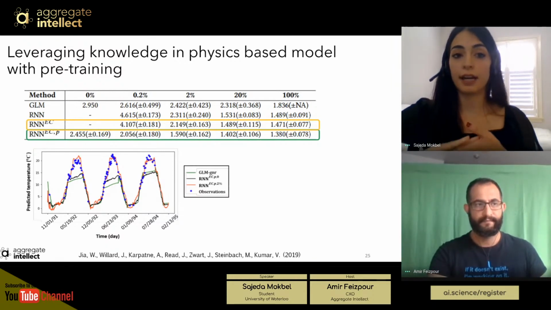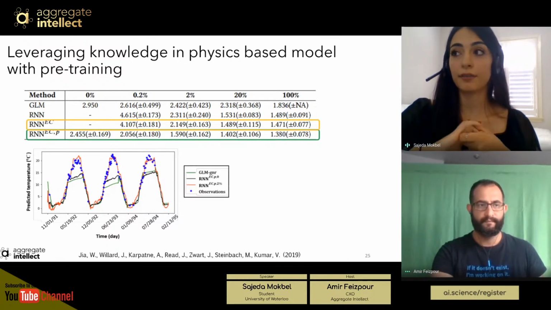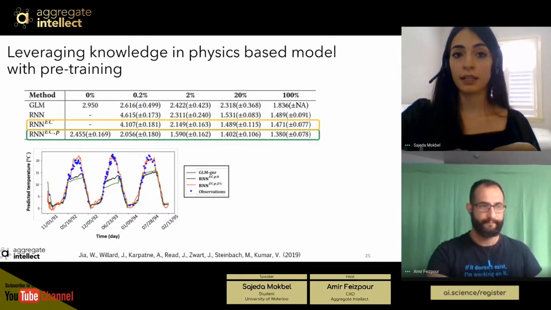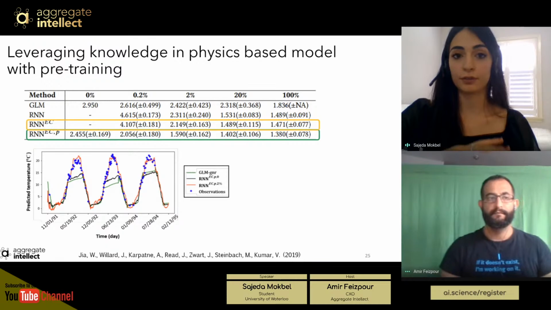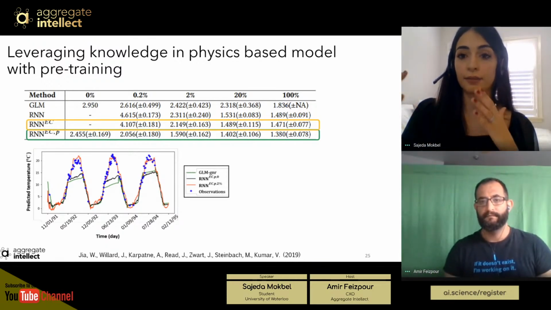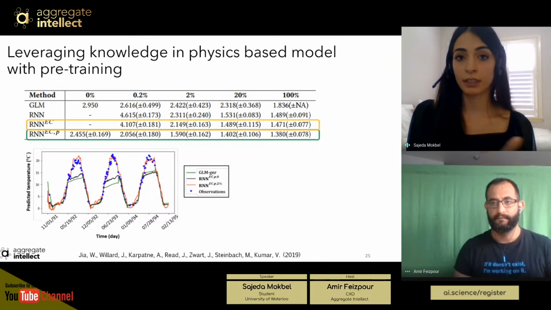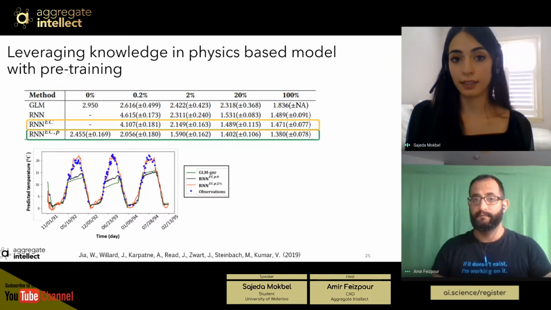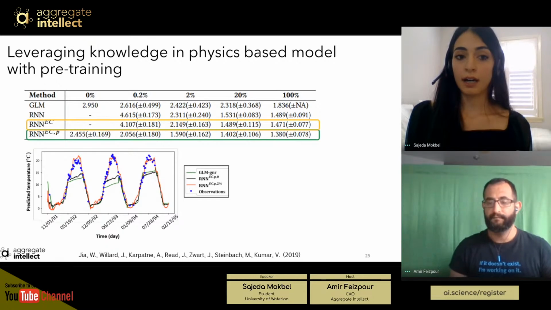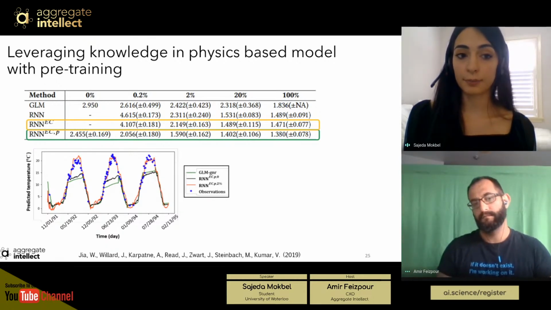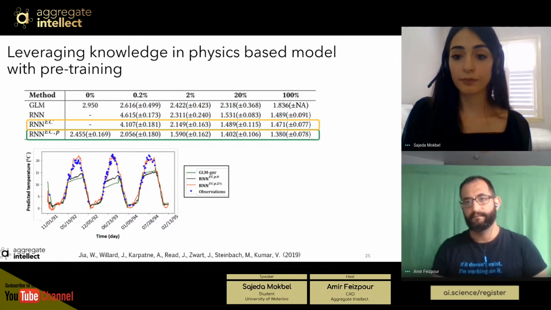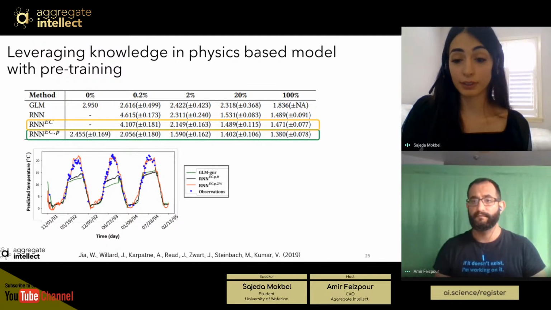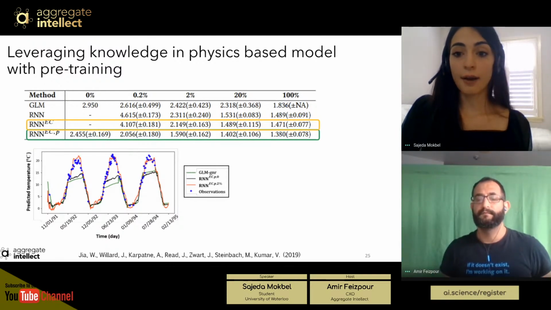Yeah, I think they're saying that because of that term in the loss equation that does not need labeled data, you can train the model with good results with very limited observed data, because there's this physics penalty in the loss function that contributes to the learning and doesn't need observational data. And then with this pre-trained model, I believe the pre-training requires even less labeled data to achieve good results.